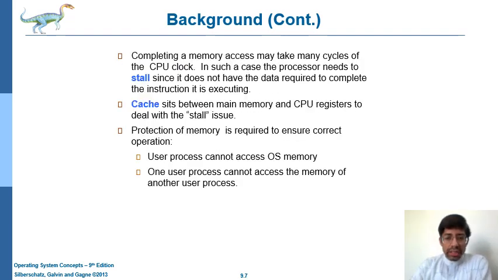Vis-a-vis a single cycle access of the registers of the CPU, a memory access may take more than one clock cycle. So when it takes more time to access the memory, the CPU in the meanwhile can get stuck just because it doesn't have the required data available with it in order to proceed with the execution of the instruction. This kind of process is known as stall.